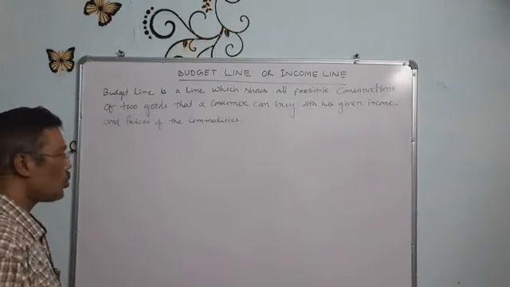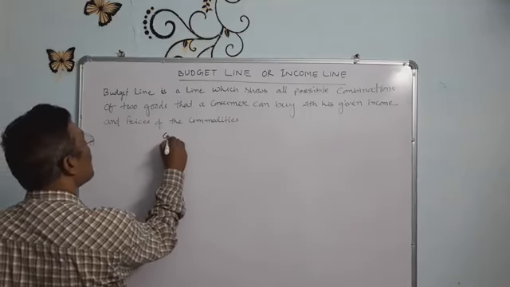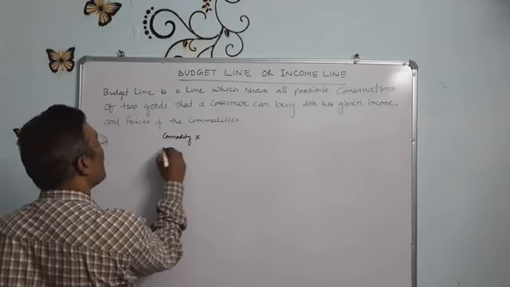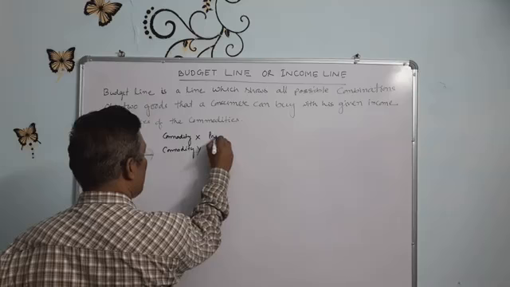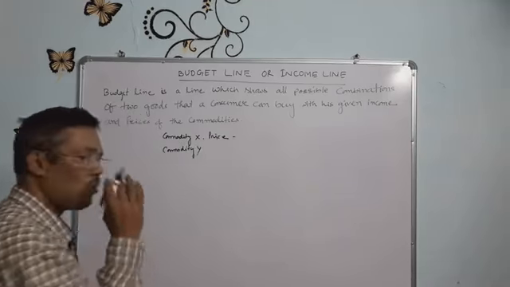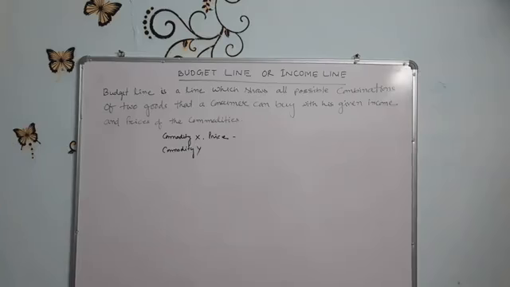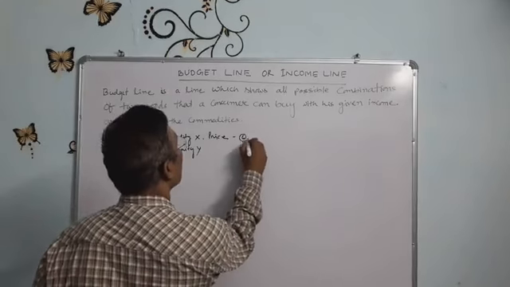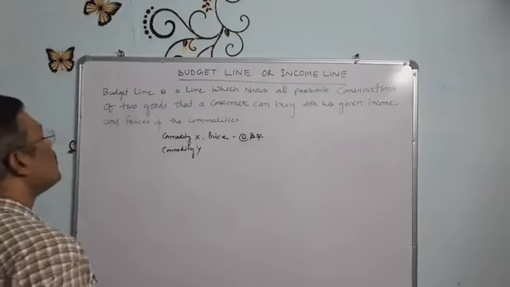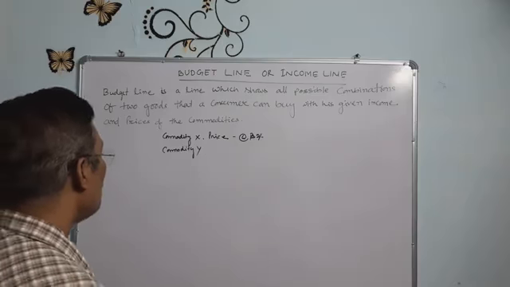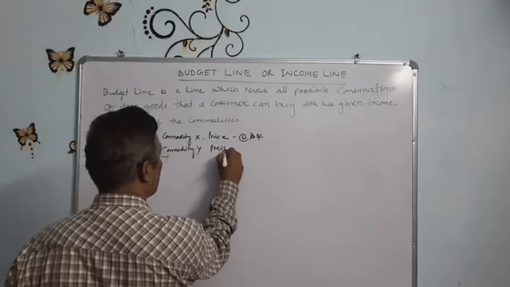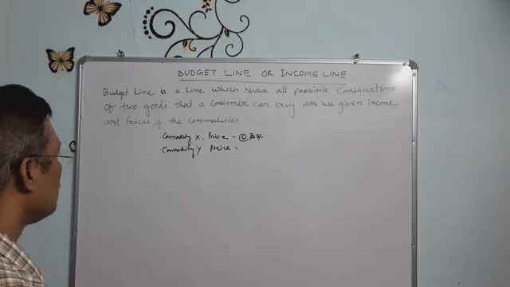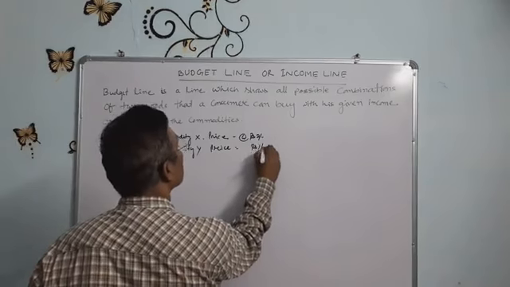Suppose there are two goods, commodity X and commodity Y. Both have some price. Suppose the price of commodity X is rupees 2 and the price of commodity Y is rupee 1.